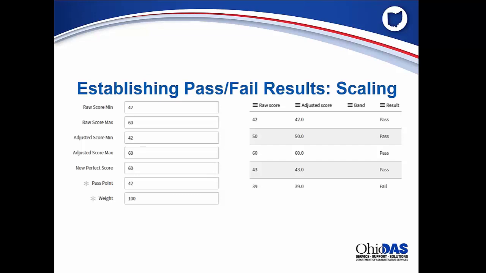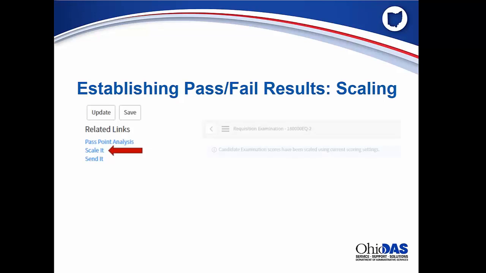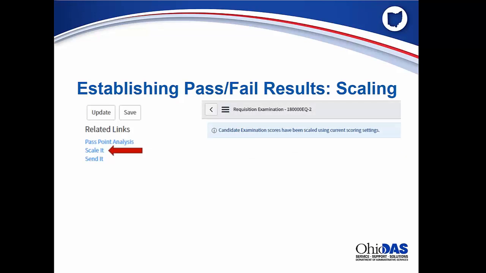So, as we said earlier, we can adjust these passing points, but it is optional. We do need to use, though, the scale it link. So under related links, we're required to click the scale it link, and once we do that, we get confirmation that these scores have been scaled.